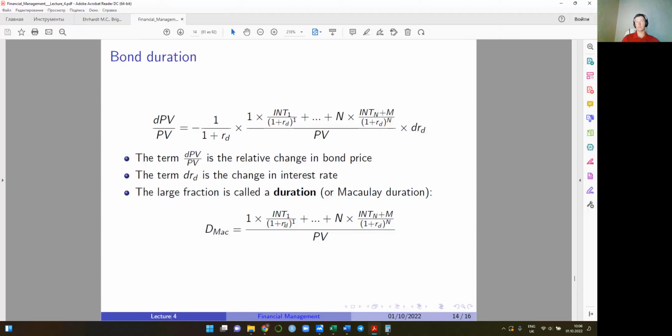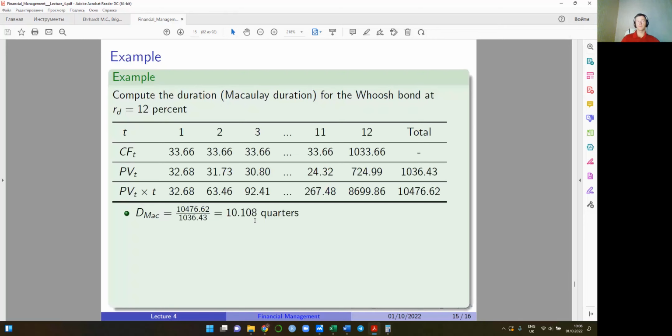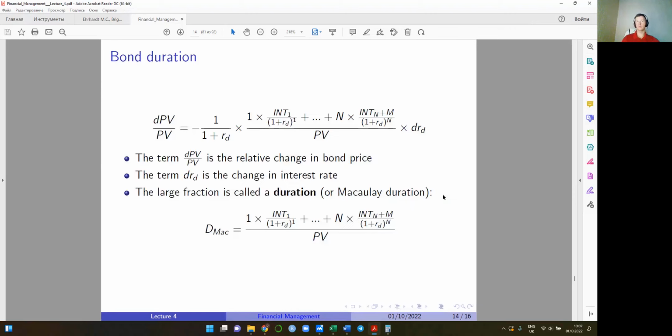Because here every element represents exactly a single present value, and then this single present value is multiplied by the period number, 1, 2, 3, and so on. So this is what we do here. And the sum is 10,476.62 from here, right?